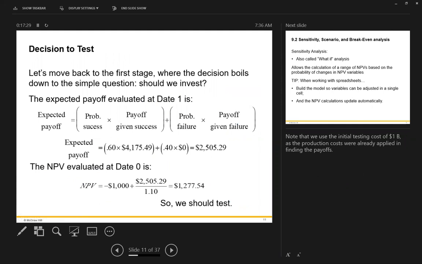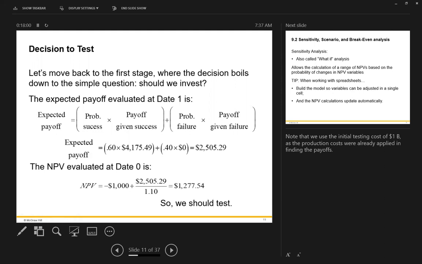Now, let's move back to the first stage, where the decision boils down to the simple question: should we invest? The expected payoff evaluated at date 1 is the probability of success times the payoff given, plus the probability of failure times the payoff given through the failure.